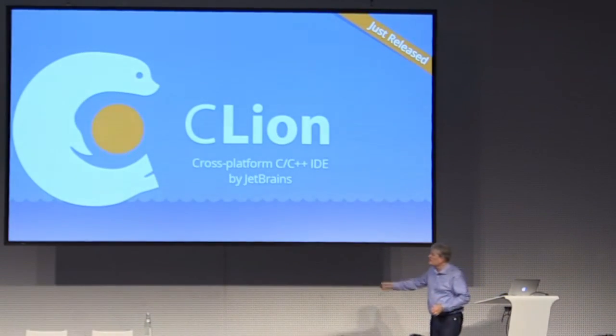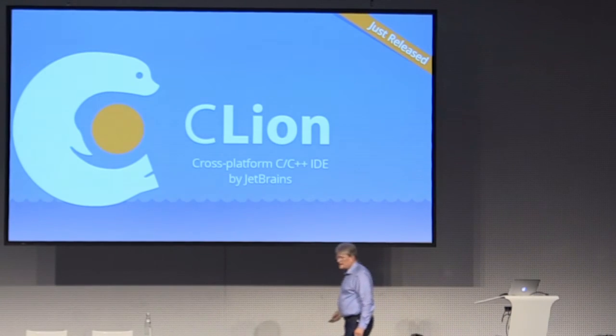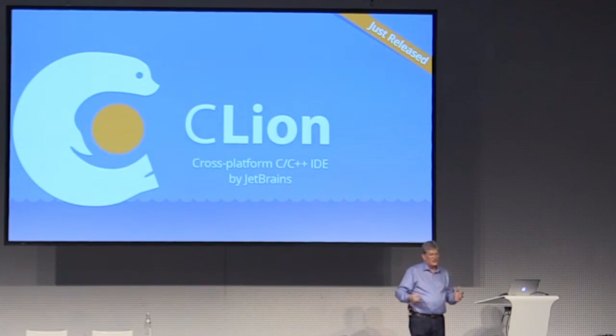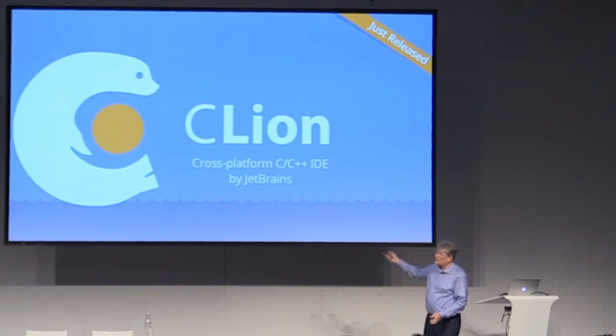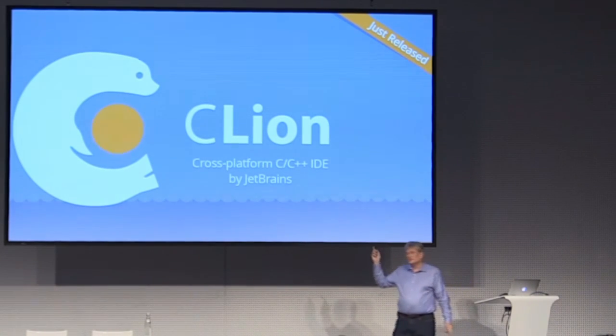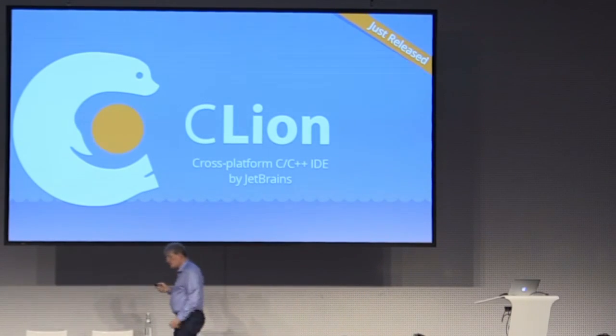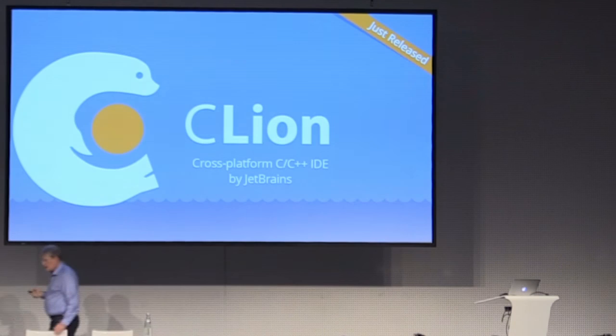Something else has happened, and that is that there was a new IDE. I didn't put this slide in here because the new IDE is great, and it's evidence that things are going on in the C++ world, but that's not why it's here. The reason it's here is because I'm going to introduce some information. Before this new IDE came out, JetBrains did a lot of market research.